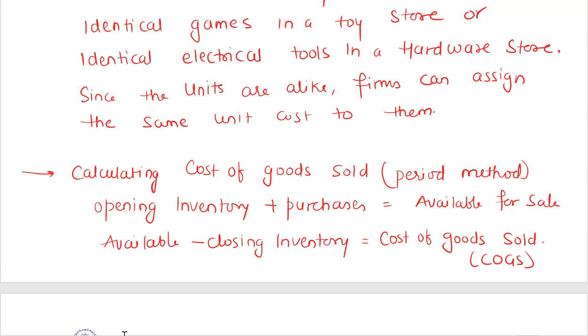We have learnt about the specific identification method also. Specific identification method is a method of finding out the ending inventory, closing inventory cost, that requires a detailed physical count.